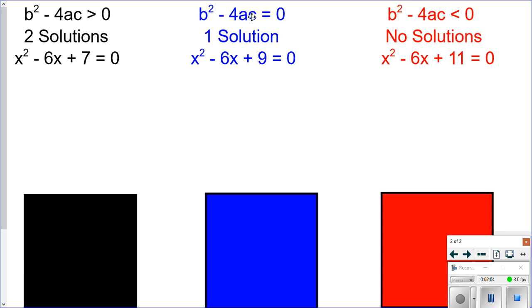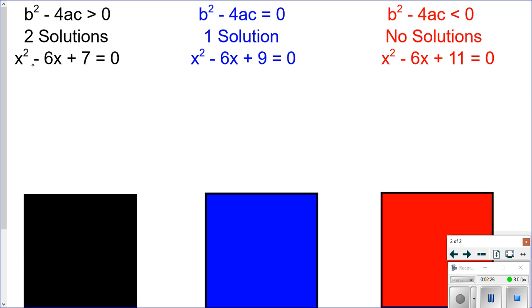If the discriminant is equal to 0, that tells you that there's one solution. And if the discriminant is less than 0, meaning it's a negative number, then there are no solutions. I have an example of each one of these. We're going to check out what the value of the discriminant is, and then I'm going to show you a graph, and you can see why there's two solutions, one solution, and no solution.